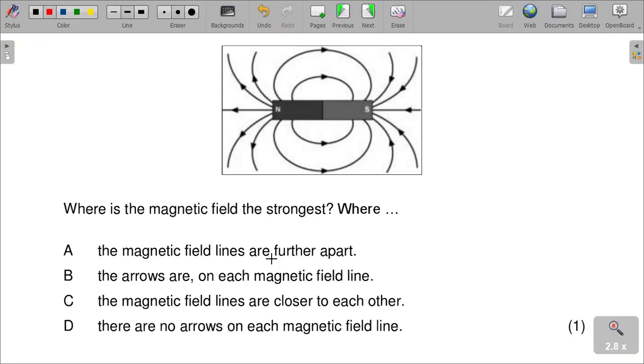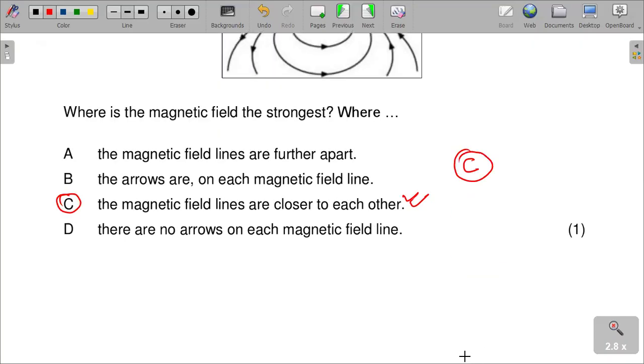So it is strong where the magnetic field lines are close to each other. Where the magnetic field lines are close to each other, that is where the magnetic field is the strongest, which is letter C.